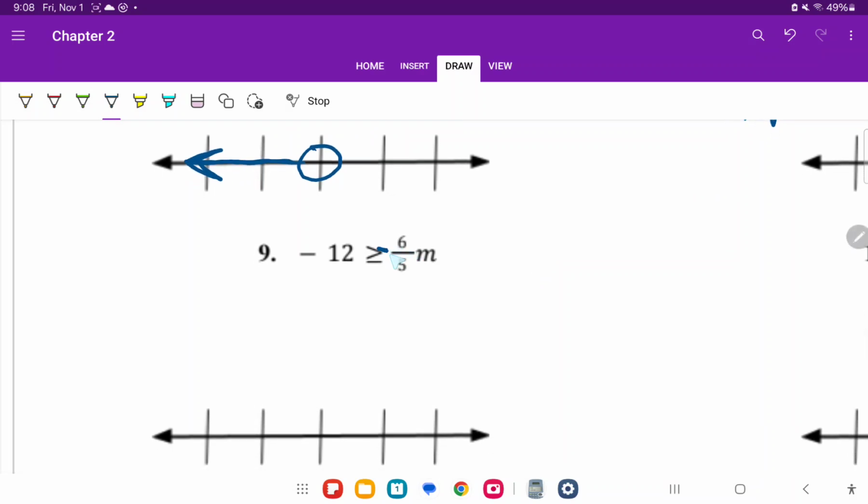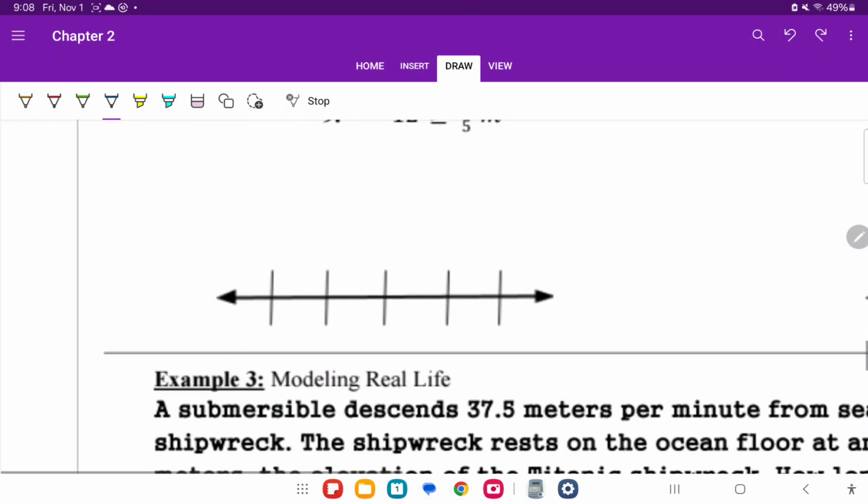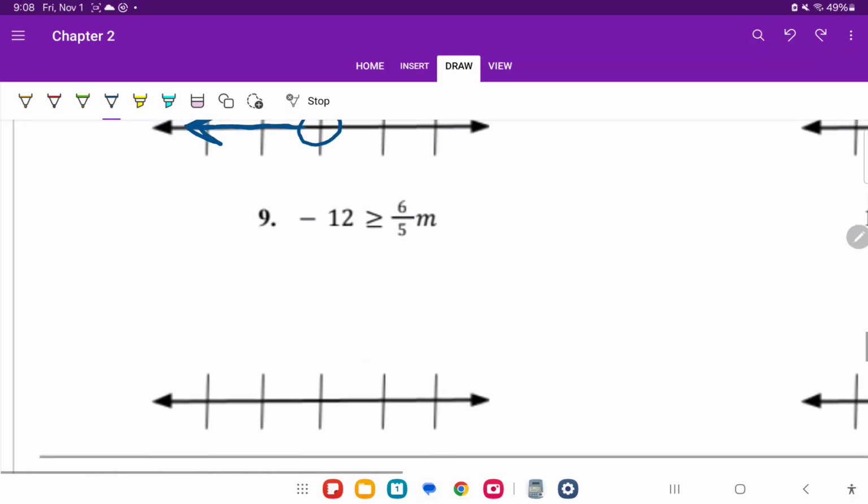So what's the reciprocal of negative 6 over 5? Yes. So we're going to multiply it by negative 5 over 6. So if we multiply by negative 5 over 6 on the right, what do I have to do on the left, Jasleen?